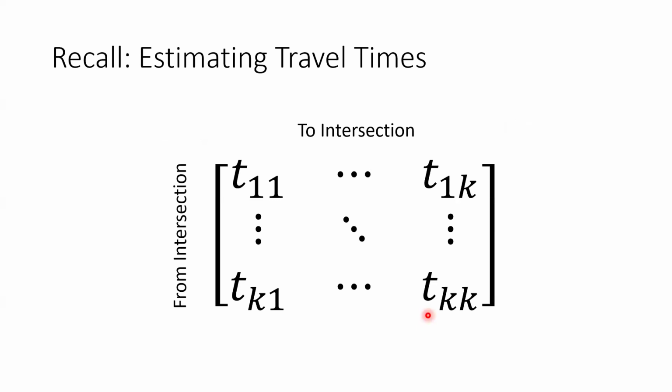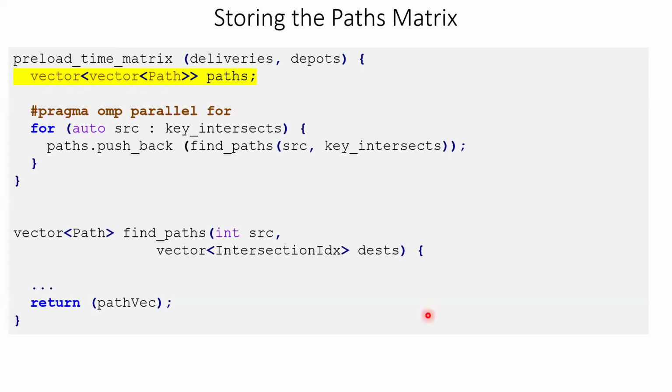And next, remember the path matrix that we were talking about. This is the matrix where we want to store the result from the multi-destination Dijkstra. We call it paths.